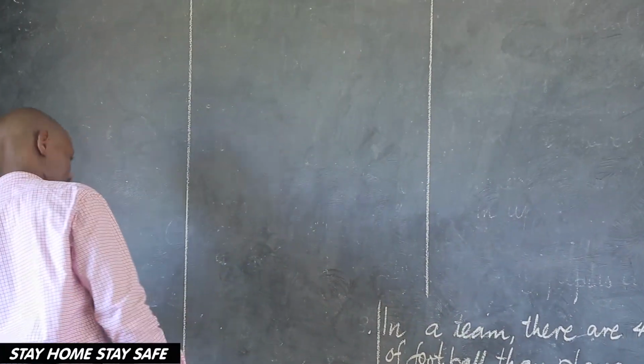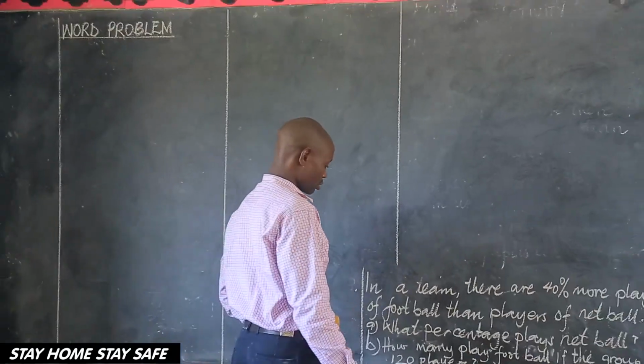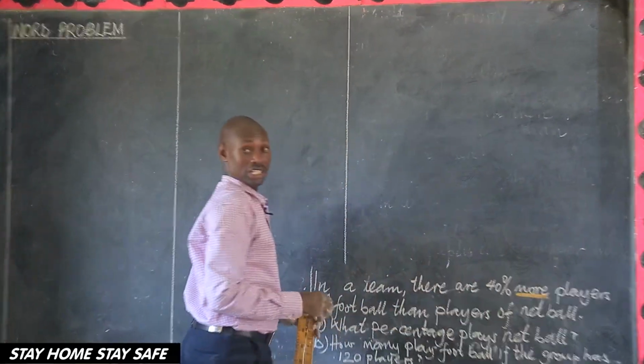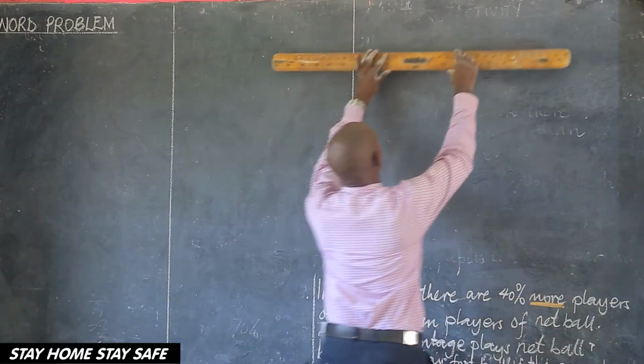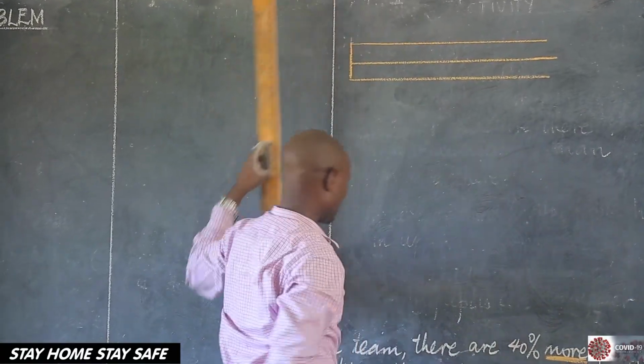In this case, I expect you to have drawn a solution table, because we have this word "more", which demands us to use equations. So our solution table is here.